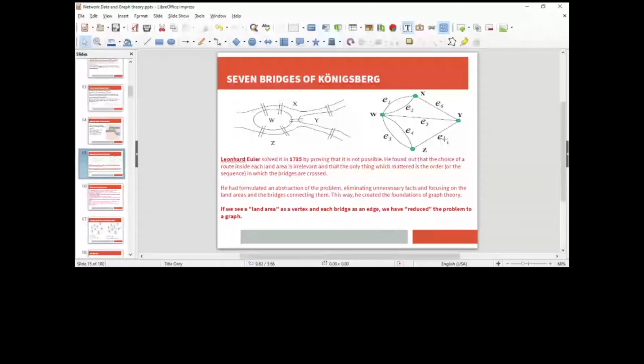Now, think about this for a minute. This is the solving sequence.